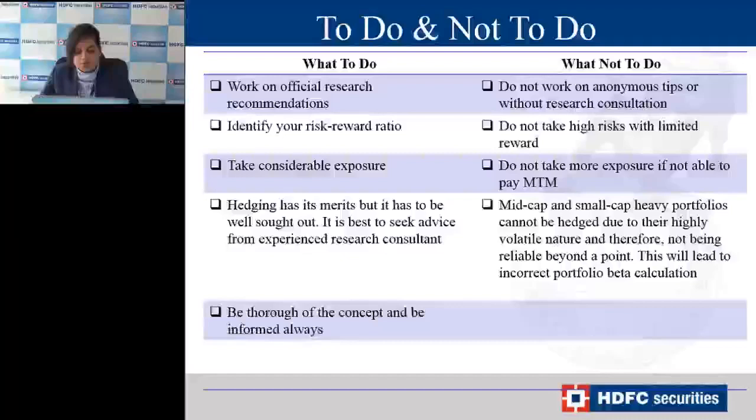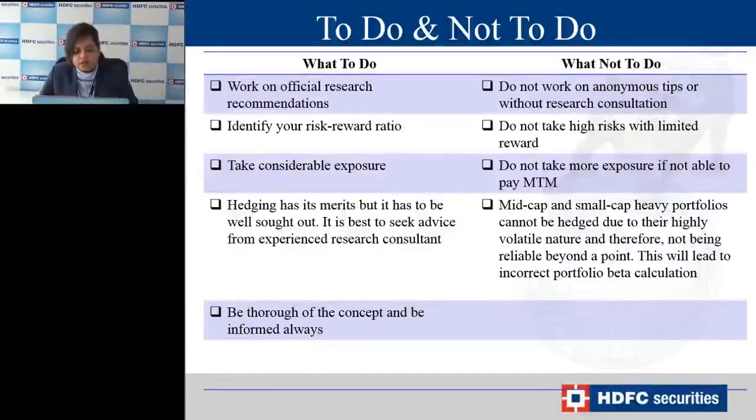And we must always remember what I've already covered during the beta hedging, where mid cap and small cap portfolios cannot be hedged very easily because mid caps and small caps are very heavily volatile in nature. Therefore the calculation is very risky and difficult when it comes to understanding their beta, because they're so volatile that their beta would be very high when you compare it with the beta calculation and do the hedging.